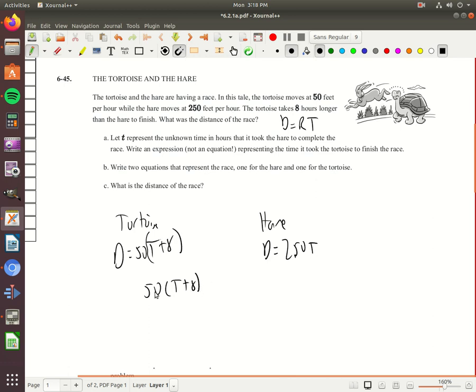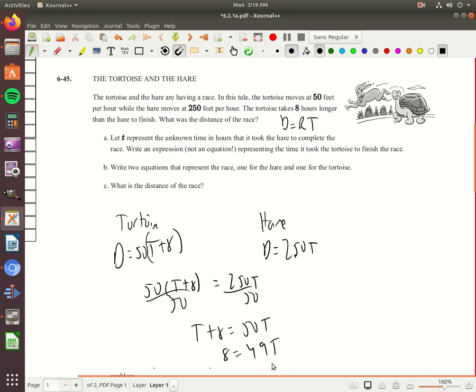Again, 50 feet per hour times however many hours the hare went plus 8 extra hours equals 250 t. I will get, I'll just divide by 50, make this easier on myself. So I'm going to get t plus 8 equals 50 t. And I will get 8 equals 49 t.